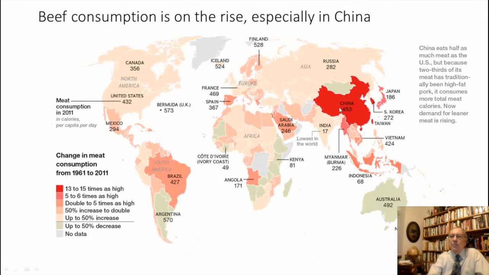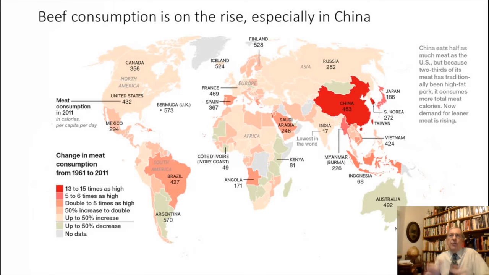This is measured in terms of calories per day. So 453 calories per day consumed in China is more than the calories per day consumed for beef in the United States, because Americans, and to some extent other European countries, are actually reducing beef consumption for health reasons.